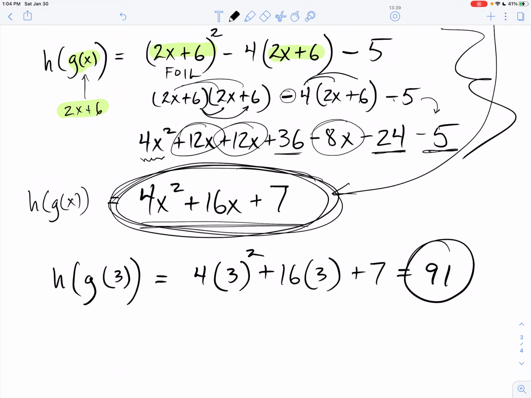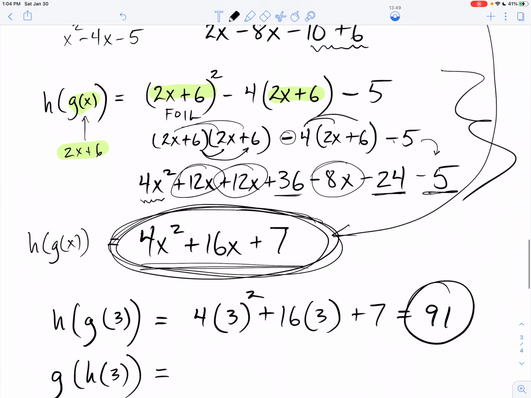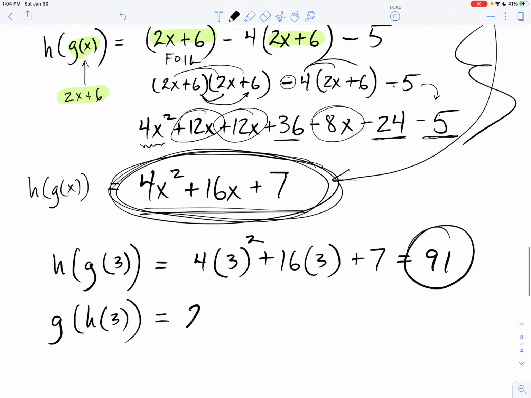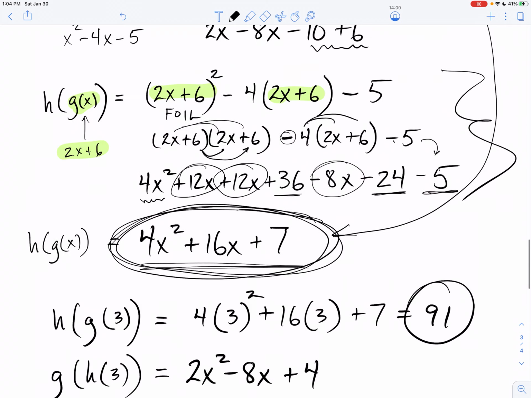Voila. What if they said, what is g of h of 3? Well, let's find out. What did we have for a function for g of h of x? My g of h of x is right up here. It was 2x squared minus 8x plus 4. That's what g of h of x was.